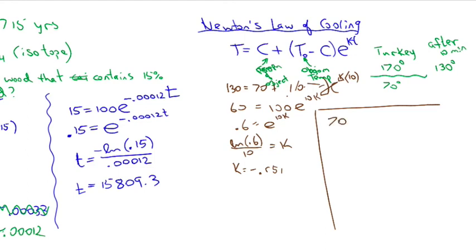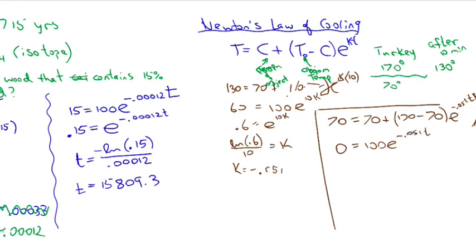I want room temperature, which is equal to room temperature plus 170 minus room temperature, times e to the negative 0.051 t. Oh, I don't need that last parentheses. So the left side's going to be 0, equals 100 e to the negative 0.051 t.